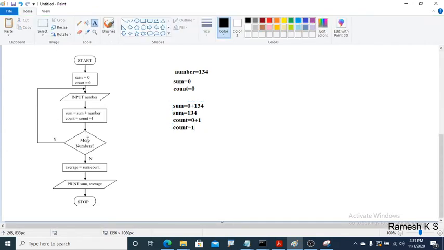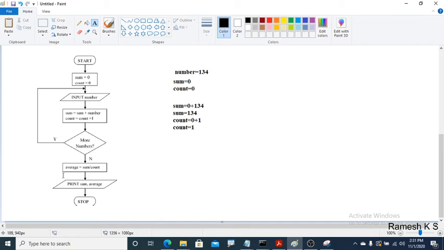It is asking if more numbers are there. If yes, again you have to input a number. Otherwise, if it is no, it will come down. Now what is the sum value? 134. What is the count? 1. 134 by 1, how much? 134.